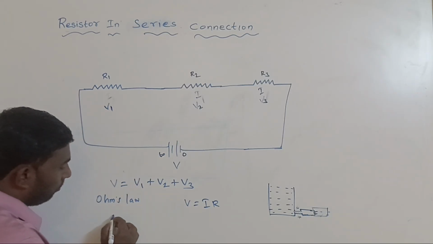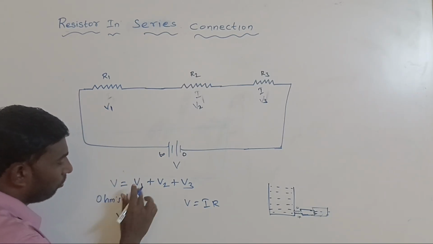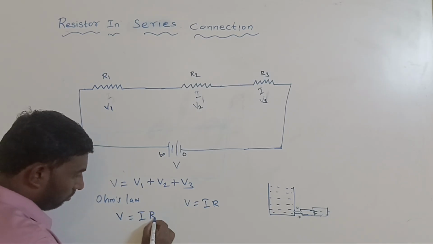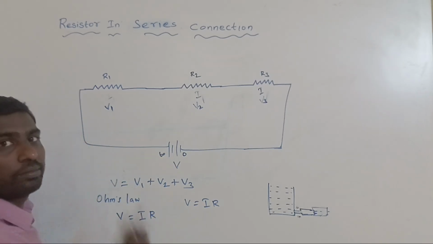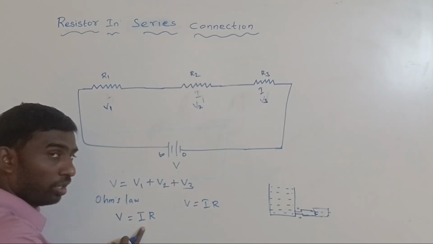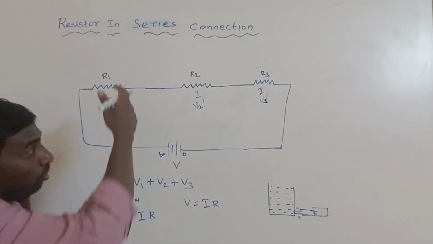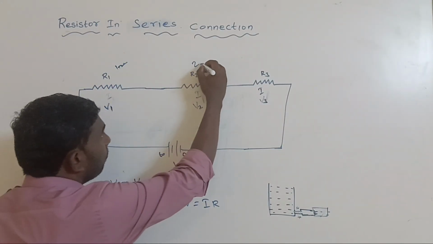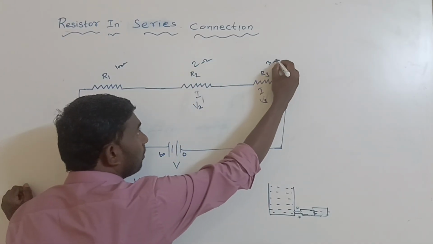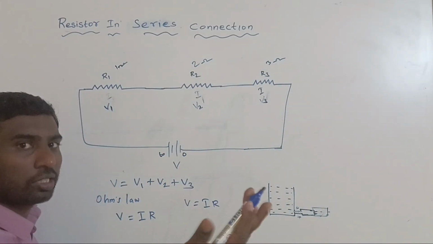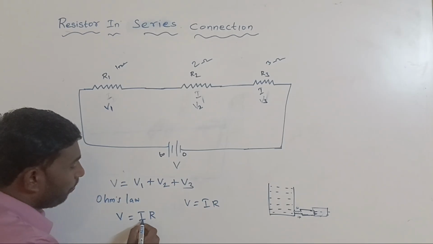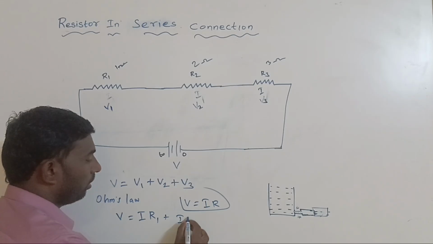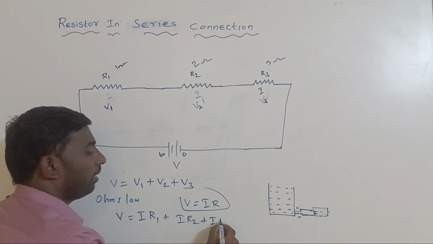So V1 equal to IR. Here I is constant, so I write only I. The resistance is different: 1 ohm, 2 ohm, 3 ohm. So V equal to I R1 plus I R2 plus I R3.